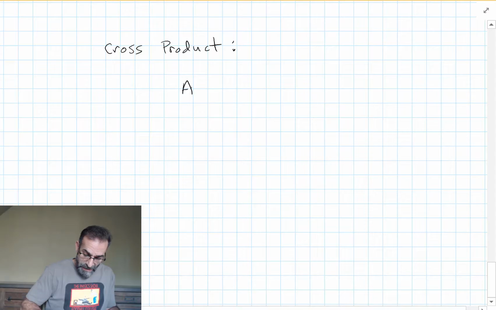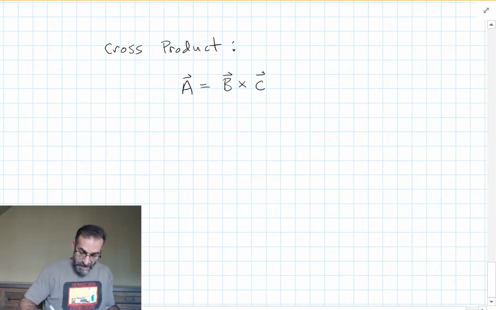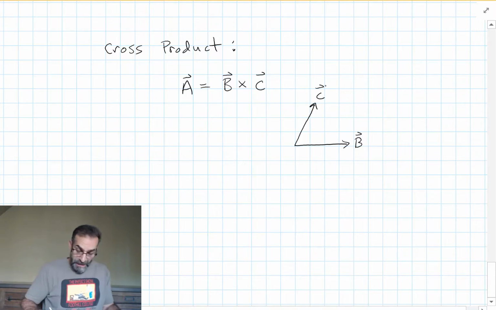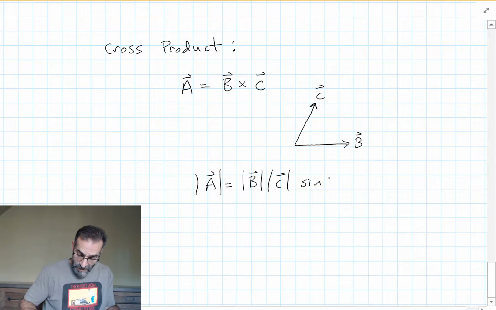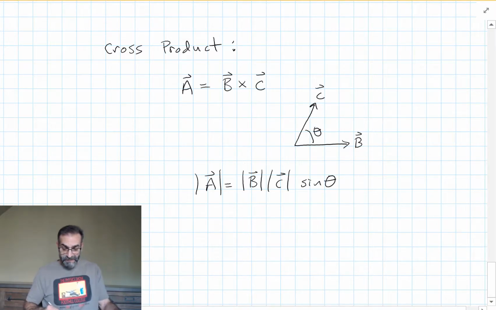If vector A is vector B crossed with vector C, we take the tails of the two vectors, B and C, and put them together. And the magnitude of A is the magnitude of B times the magnitude of C times the sine of the angle you get when you put their tails together.